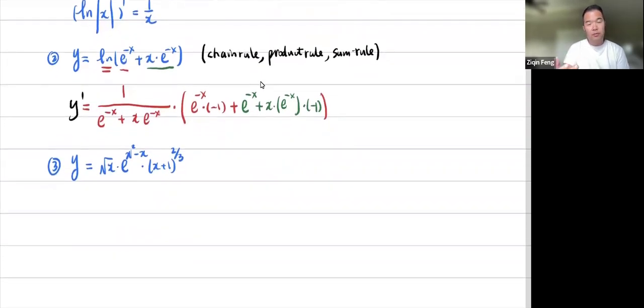Recall that you can use our product rule and chain rule directly. But recall that we can use the logarithmic function to simplify such a function. So we have a new way to differentiate a function, which is called logarithmic differentiation.